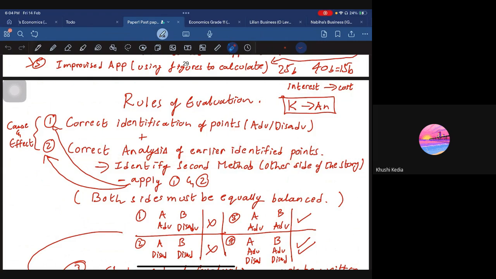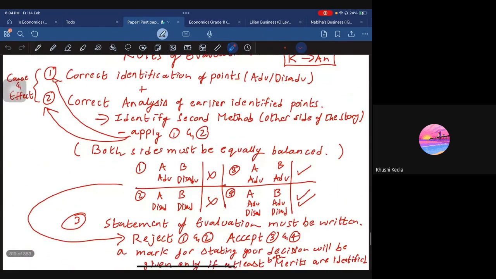I will tell you before coming to the evaluation. Identify the second method, like the other side of the story. First you do it for one side, the advantage and the disadvantage, identifying it and giving analysis of it. Then for the other side, after identifying it, you also give the analysis of it. Now both sides must be equally balanced.